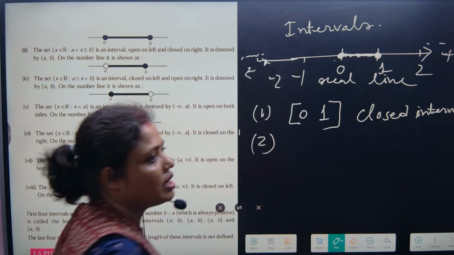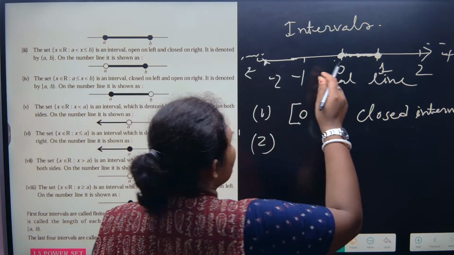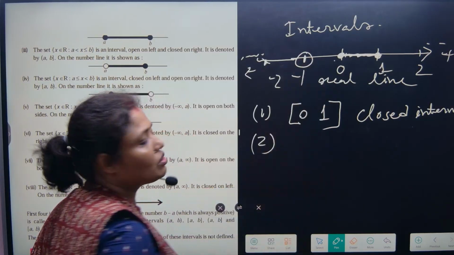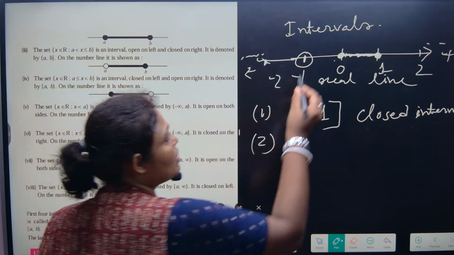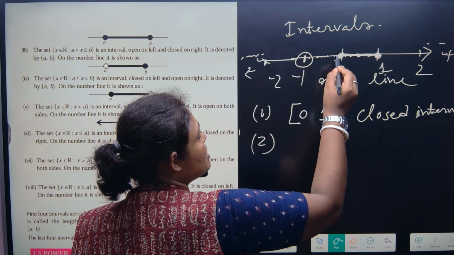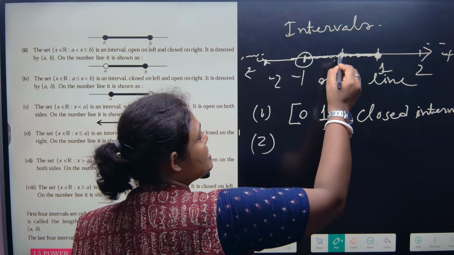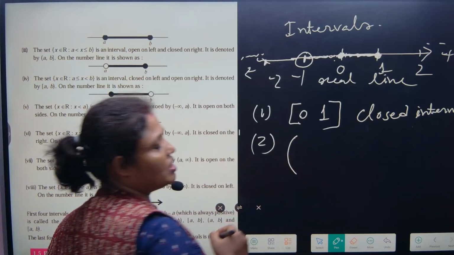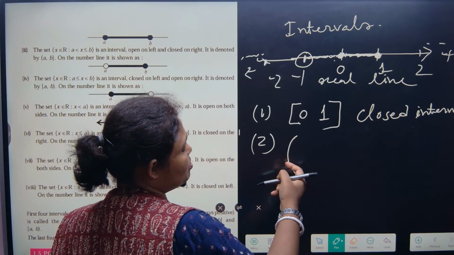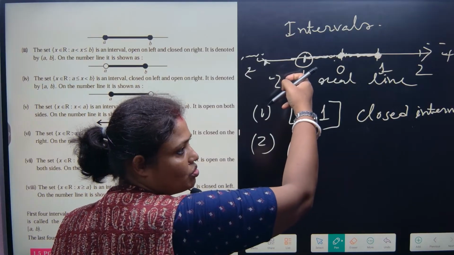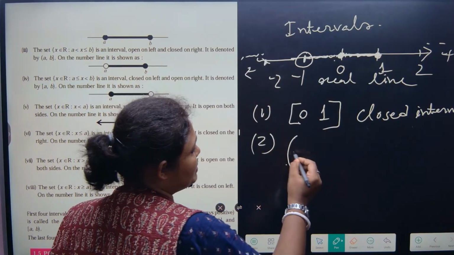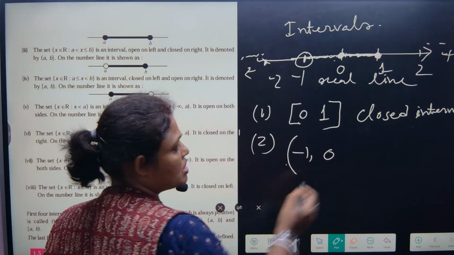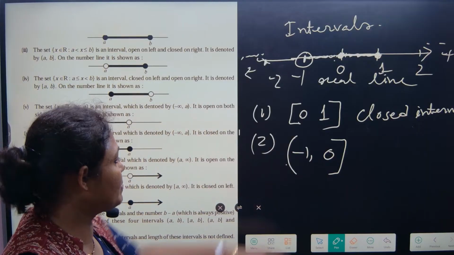Number 2. Suppose we are not including the point -1, but including all the elements between -1 and 0, and including 0. Then we use a parenthesis for the point that is not included, so starting from -1 to 0, and 0 is included, so a square bracket must be there.